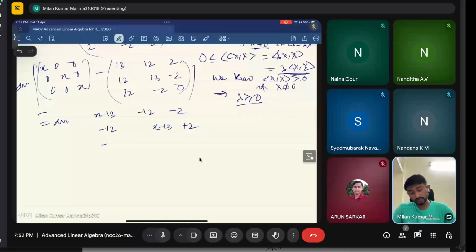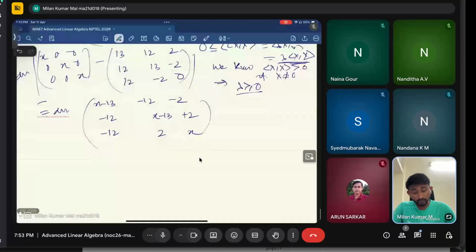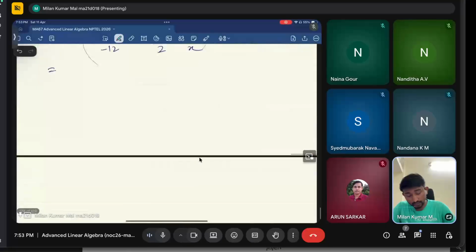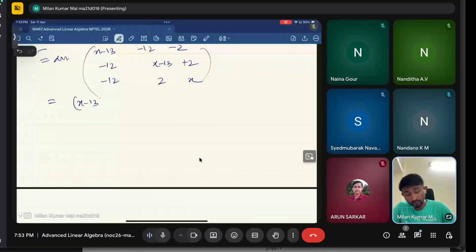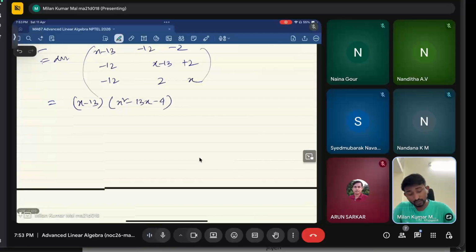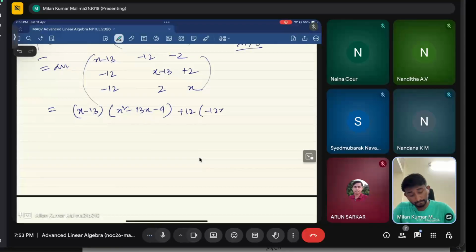This is what it is, I think. Yeah, this is correct. Now I have to calculate this determinant. It is going to be x minus 13 into x square minus 13x minus 4, minus minus 12, that will be minus 12x, plus 24. Next one will be minus 2, and this will be minus 24, and minus minus plus 12x, minus 13.